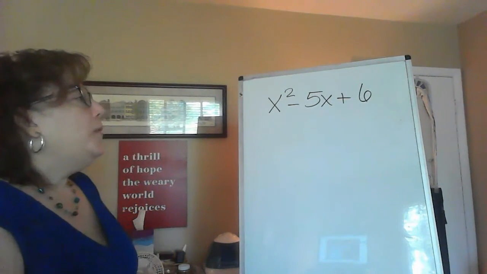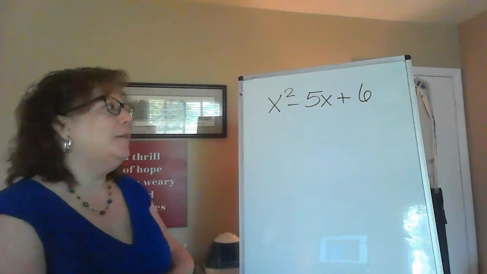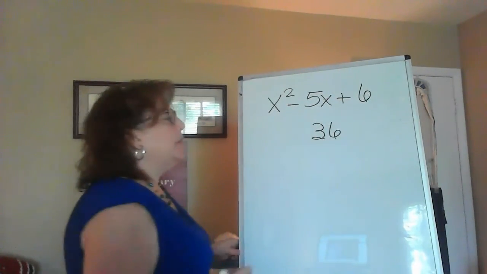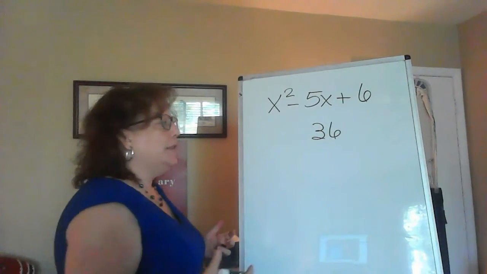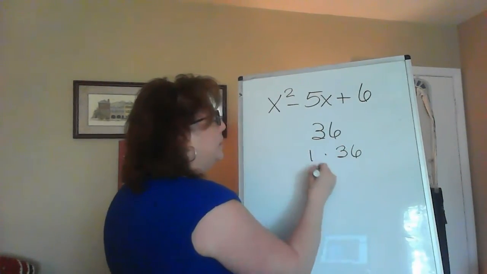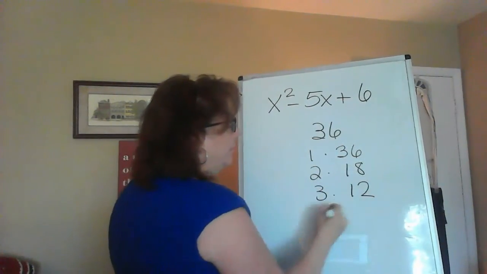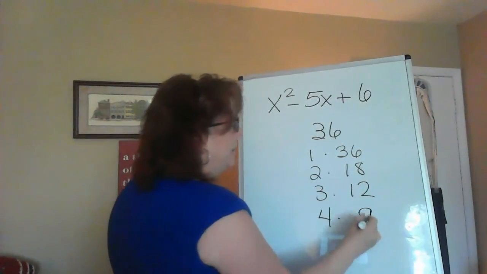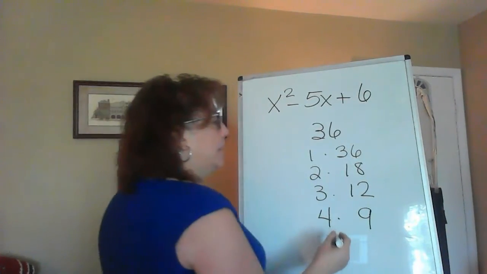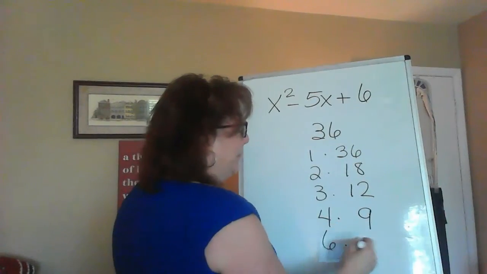So when you think about factoring, you think about breaking a number apart. If we were to start with 36 and look at all the different multiples, 1 times 36, 2 times 18, 3 times 12, 4 times 9, 6 times 6.